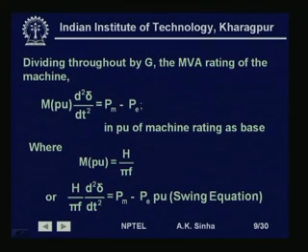Using that relationship, we had shown in the last lesson that m is equal to H by pi f. Replacing m by this value, we can write this expression as H by pi f d2 delta by dt2 is equal to Pm minus Pe in per unit. This equation we call the swing equation of the synchronous machine.